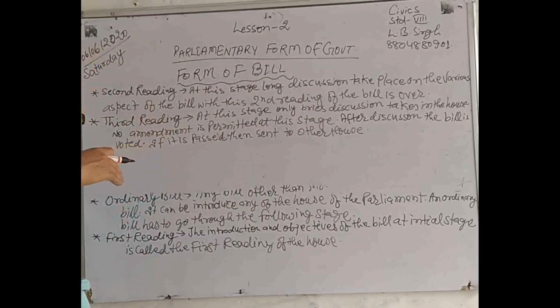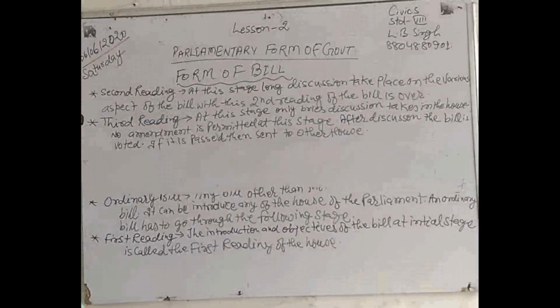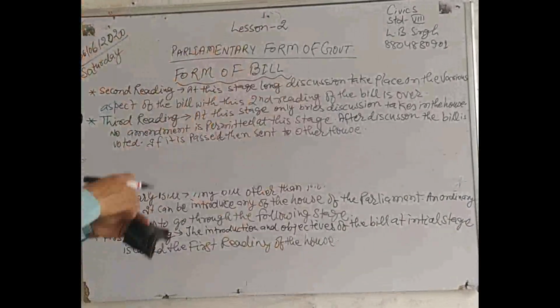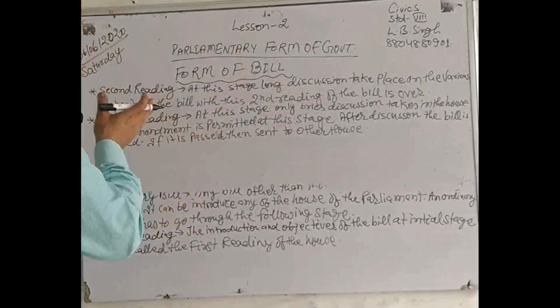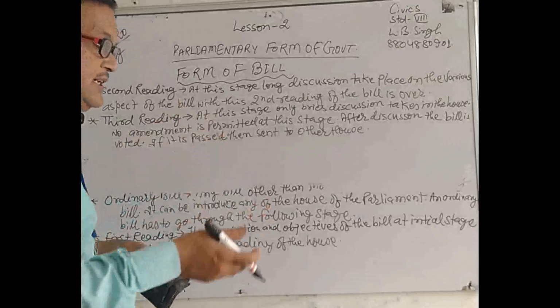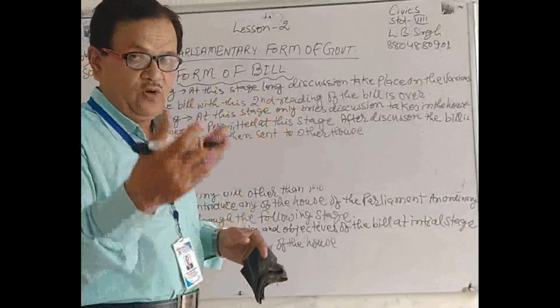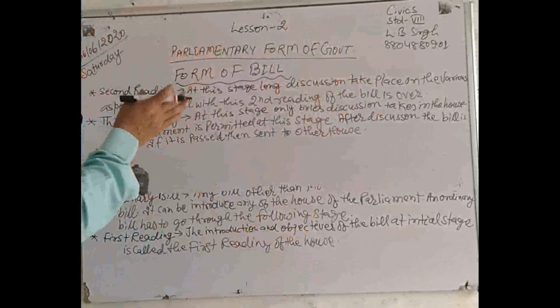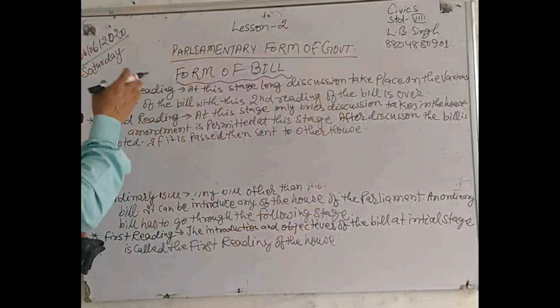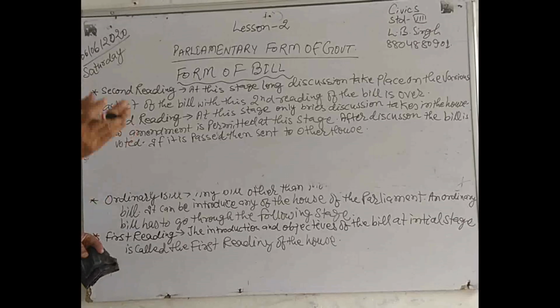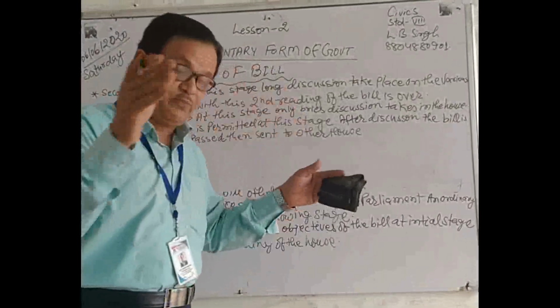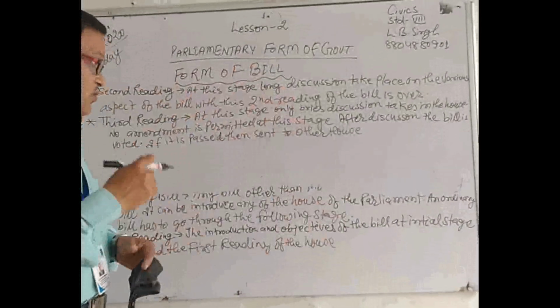The first house means the lower house, Lok Sabha. After long discussion and voting, that bill is passed from the first house. After that, this bill moves to the other house, the Rajya Sabha. The same process is followed in the Rajya Sabha. That means there is also a first reading, second reading and third reading. All the process takes place in the house.